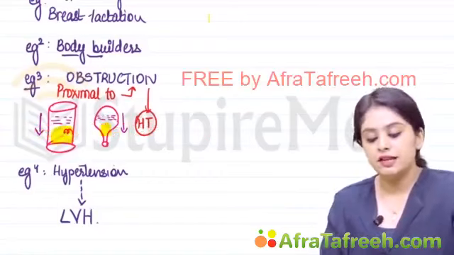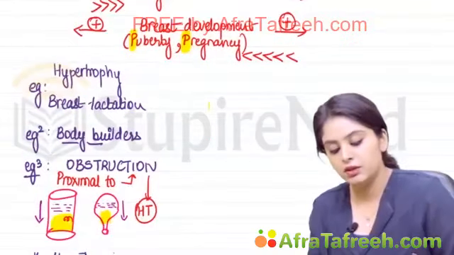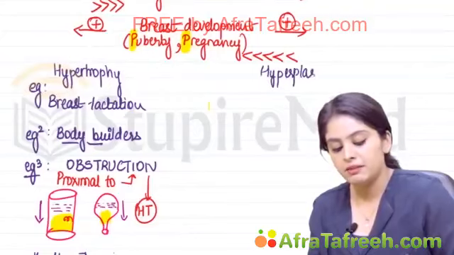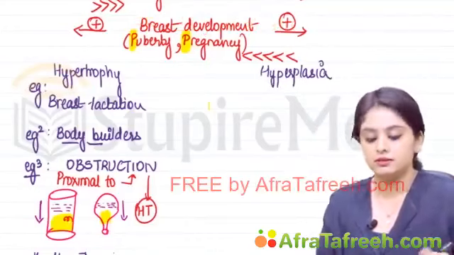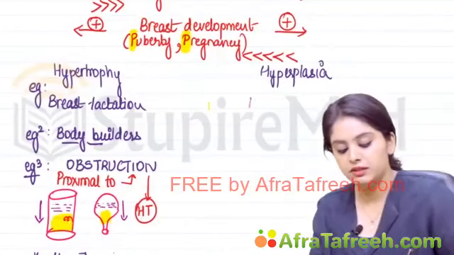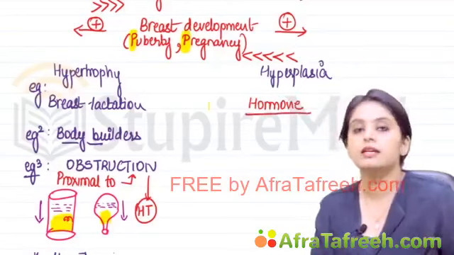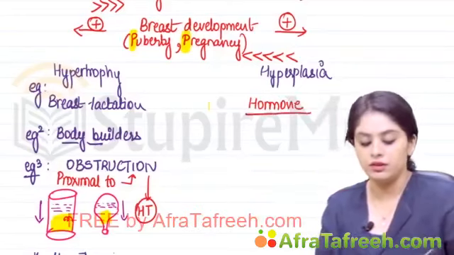The next set of examples that we will be dealing with will be of hyperplasia. Now, hyperplasia, one very important concept is hormone. We are going to deal with the response of hormone in two particular organs.